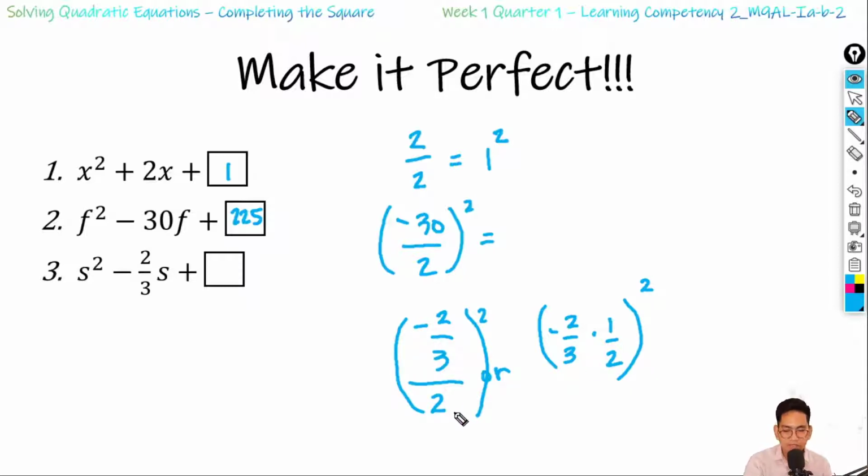If we are going to divide something by 2, we can also do that by multiplying it by 1/2. So we can have this one cancelled. Therefore, the answer is 1/3 only. Square that, we have 1/9 to make this a perfect square trinomial.